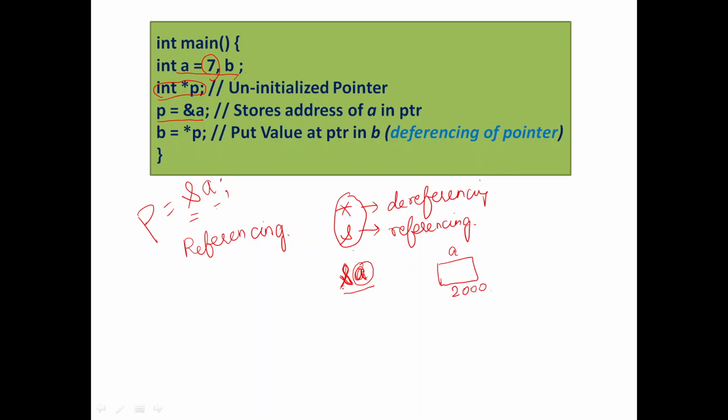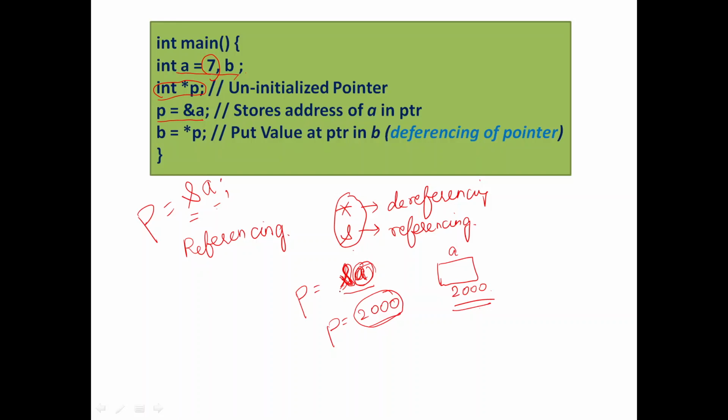Whenever you use an ampersand symbol in front of this variable, it will return the variable's address. So here p is assigned the value 2000. Since p is a pointer, it stores the address of the variable a. So here the address of the variable a is 2000.